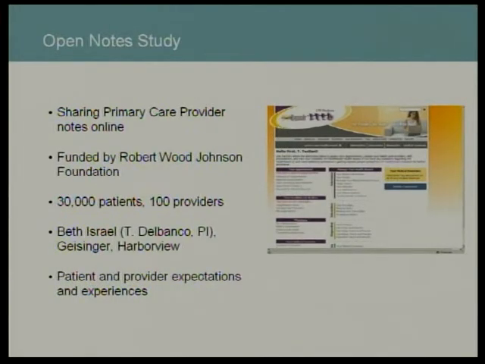So we're trying to recruit 30,000 people, 100 providers at these 3 sites. And at the University of Washington, we picked Harborview, which is a particularly interesting population to study because it's largely underserved. And we're looking at patient and provider expectations and experiences with sharing those primary care provider notes online.